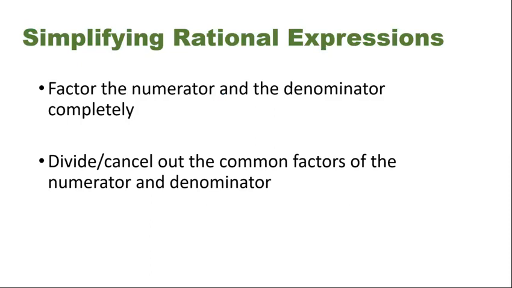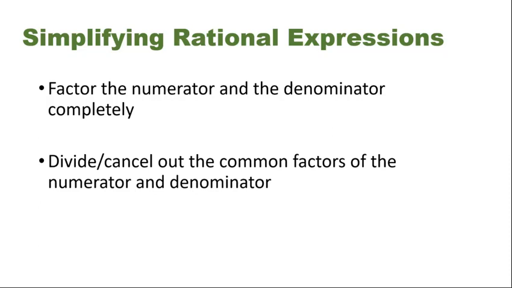And then, once you got the factors of the numerator and the denominator, pwede nang i-cancel out or i-divide yung mga common factor ng ating numerator and denominator para mapunta na siya sa kanyang simplified form.